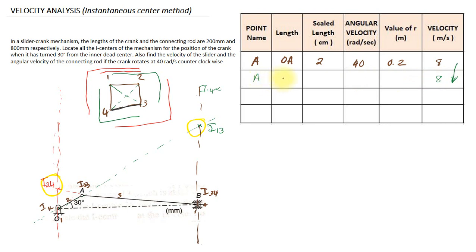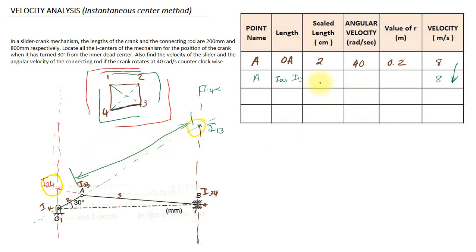Again I am calculating for point A. So here I am going to take the length of the instantaneous centers I 2 3 and I 1 3. So the distance between I 2 3 and I 1 3, this much of distance.